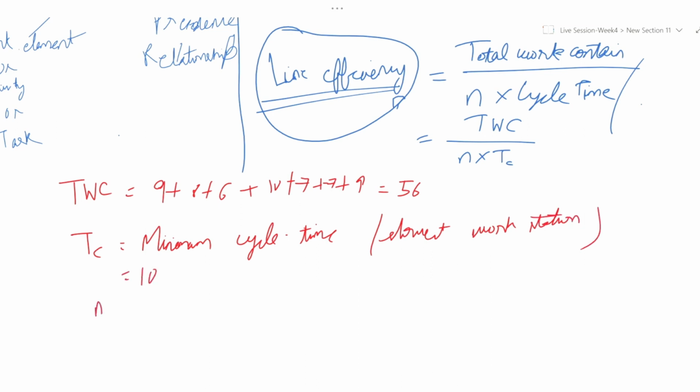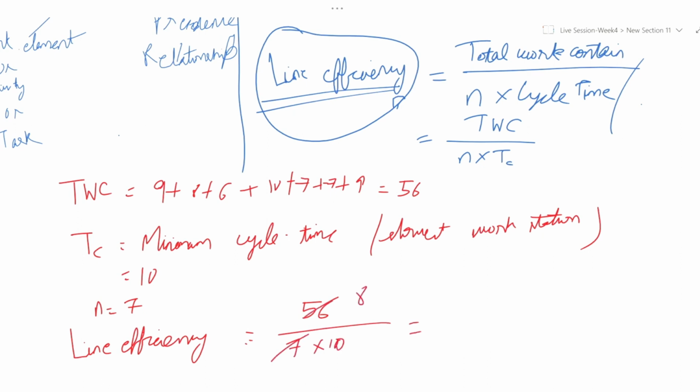Then the number of elements is equal to 7. So line efficiency becomes, according to the formula, 56 by 7 into 10.